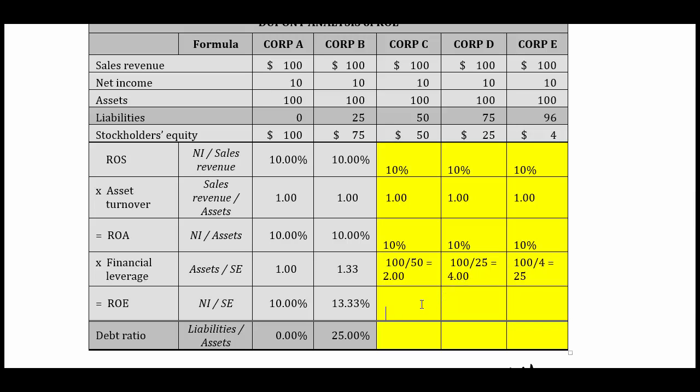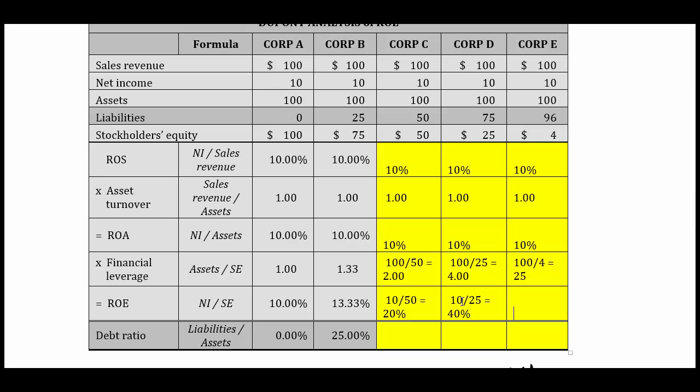So return on equity, net income divided by stockholders' equity: 10 divided by 50 would be 20%. In D, it would be $10 net income divided by stockholders' equity of 25, which is equal to 40%.